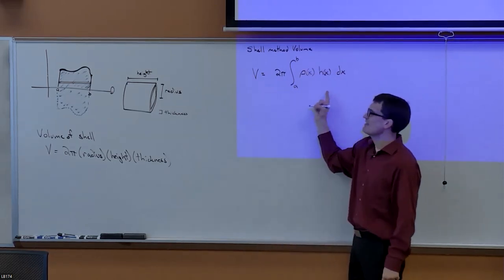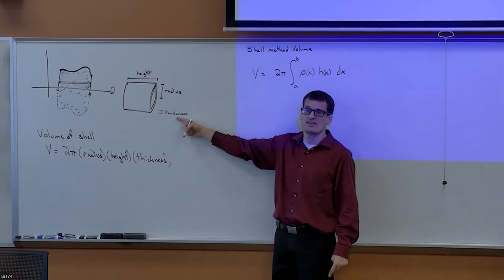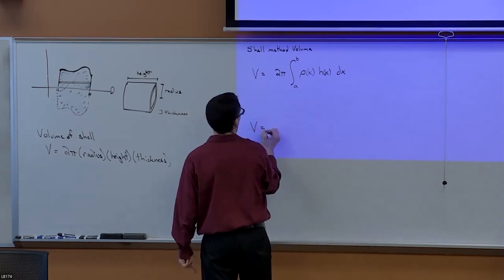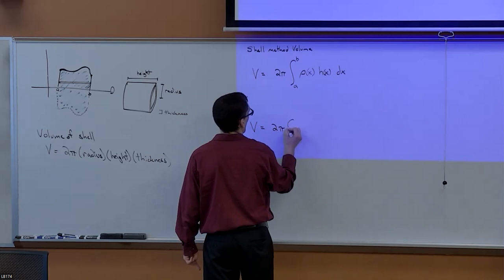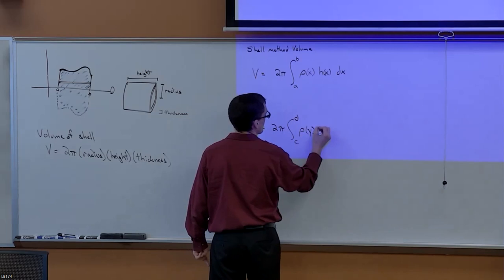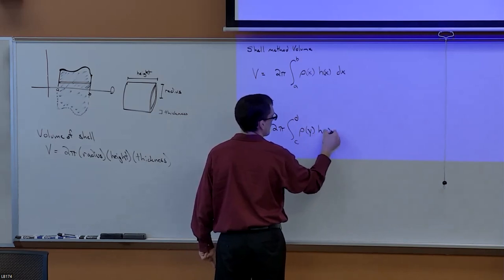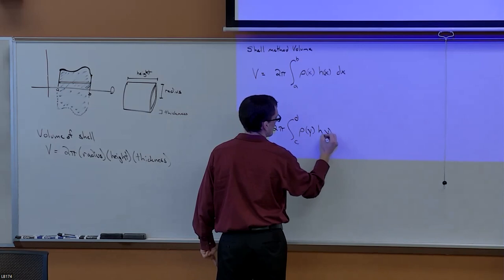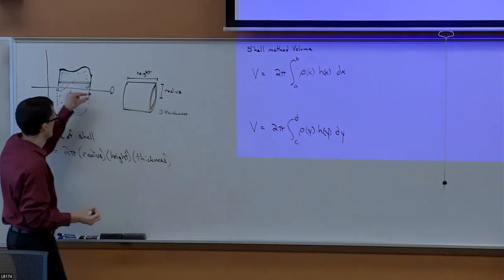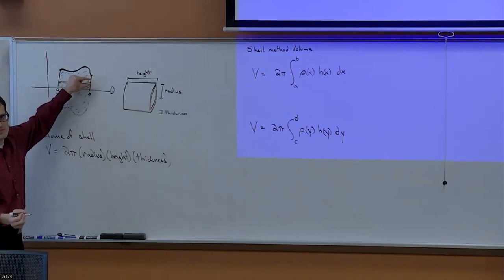Now, is that what this is? No, this is not the way I drew this picture, right? In the picture that I just drew, where we revolve around the x-axis, notice the thickness is a measurement of change of y's. Does that make sense?